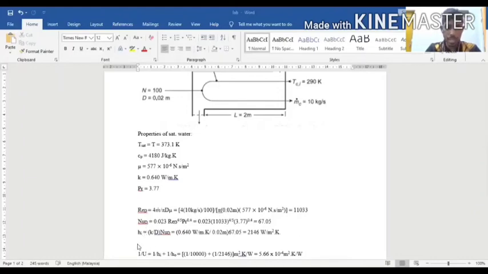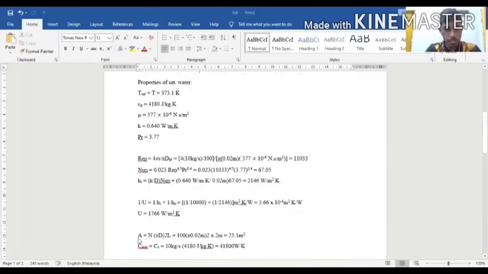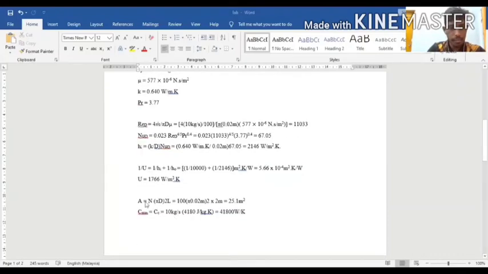From there we find the coefficient of convection of the tube, and from there we find the overall heat transfer coefficient using both h values. We find the area equal to the 100 tubes multiplied by the circumference times the length. The length is 2 meters, and for both passes, so 2 times 2 meters.